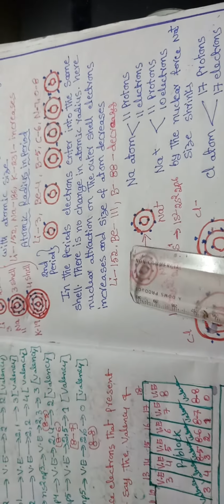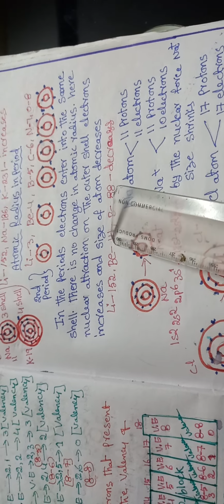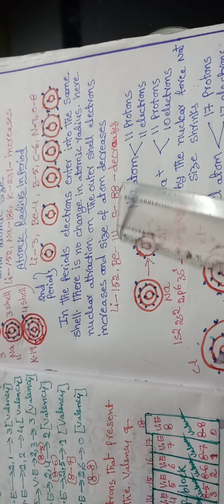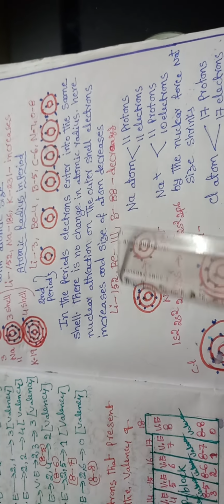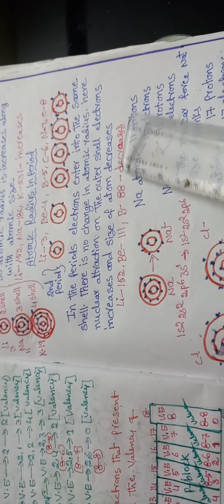So here the size of the atom decreases. Lithium 152, beryllium 111, boron 88 atomic radius. So from lithium to boron, the atomic radius decreases.